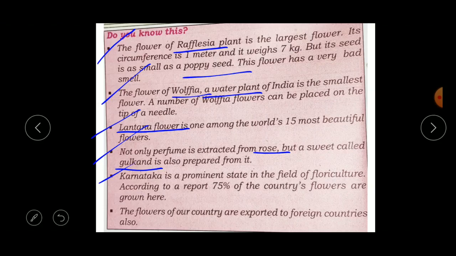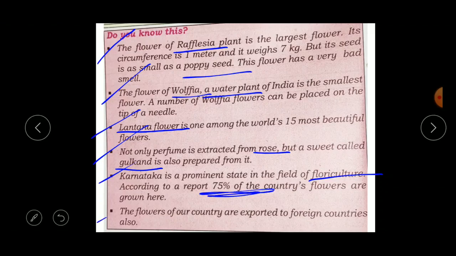Karnataka is prominent in the sense that it is great and high. According to the report, 75% of the country's flowers are grown in our Karnataka.